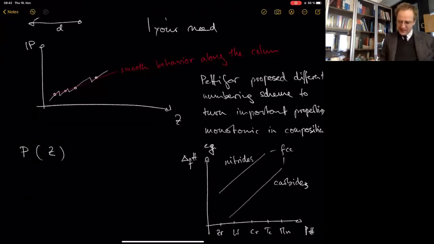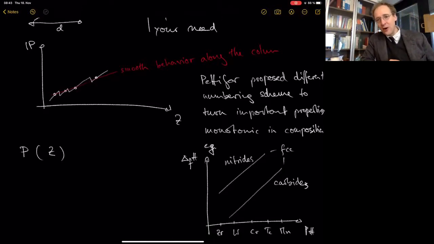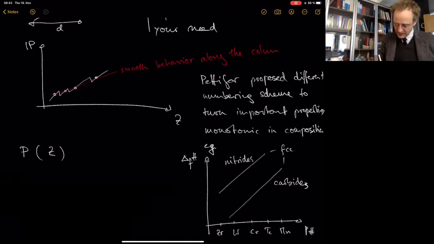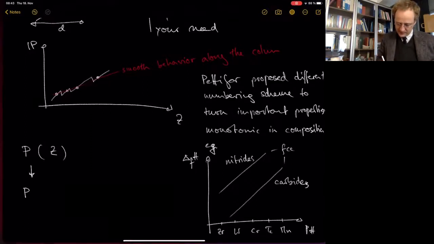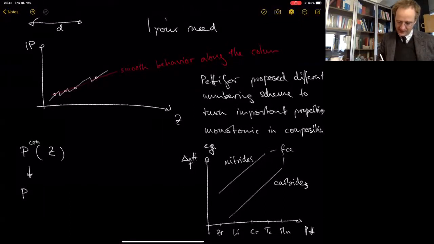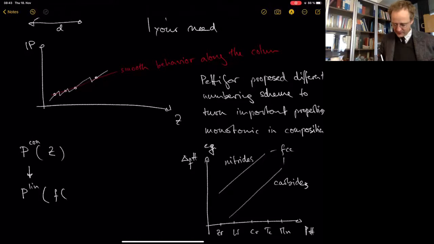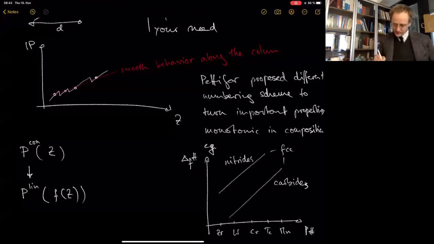And then by performing a simple reordering of your nuclear charge, you can turn this property linear, right? So this can be a very complicated property. You can turn it into something, so this is, say, complicated, this is now linear, through some trivial transformation, reordering of your Z.